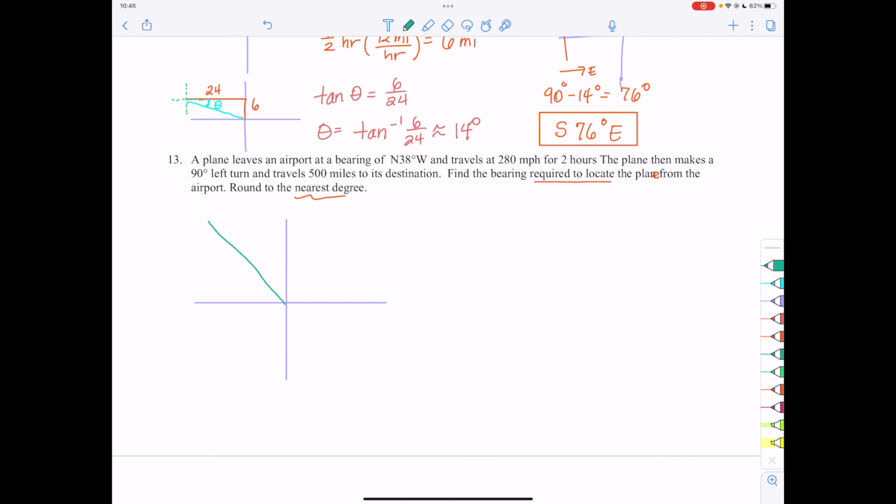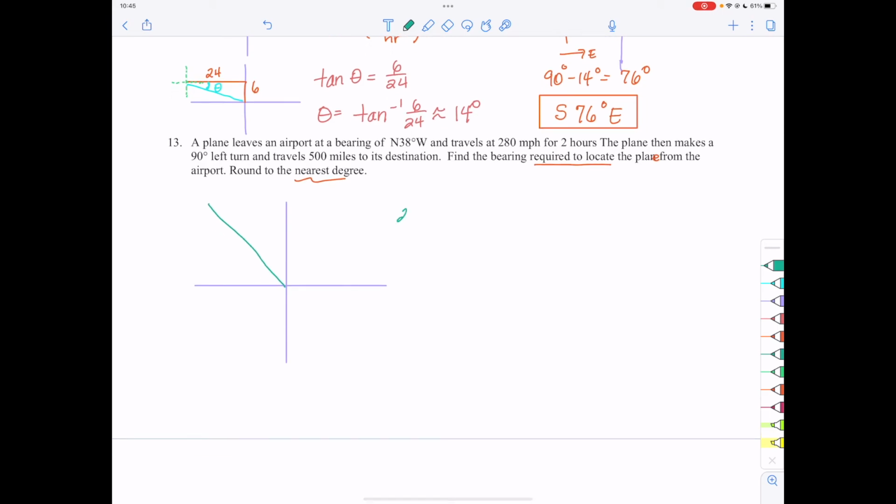Well, let's look at this. We have 280 miles per hour. And the plane traveled for 2 hours. And that would be at a bearing of 38 degrees west of north. So if we have 280 miles per hour times 2 hours, we have 560 miles.